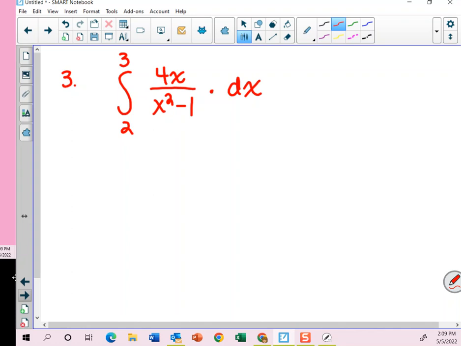We got a quotient. It may or may not be a natural log. But I'm feeling like it probably is because I don't have my whole denominator raised to a power. I mean, I have x squared, but the whole x squared minus 1 is not raised to a power.